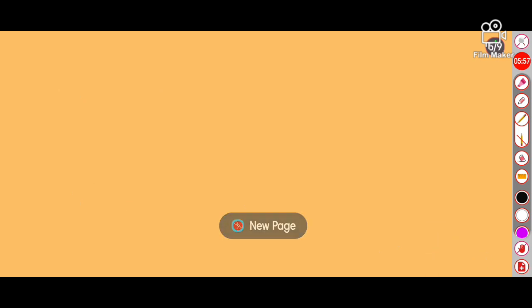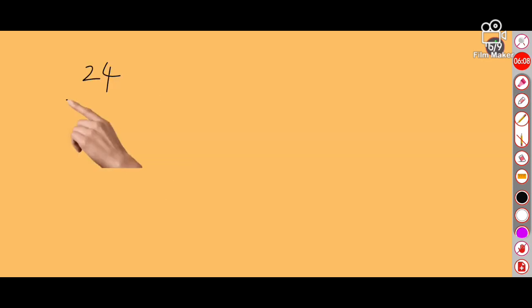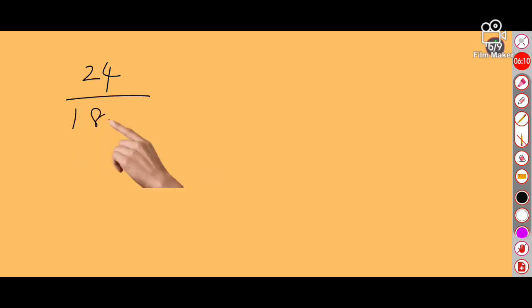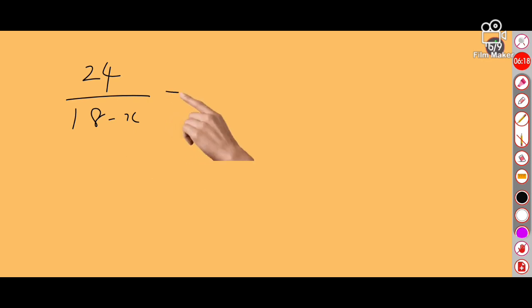With the question that is given, we can come to the equation: 24 by 18 minus x, the time taken by the boat to go upstream, minus 24 by 18 plus x, the time taken to go downstream.